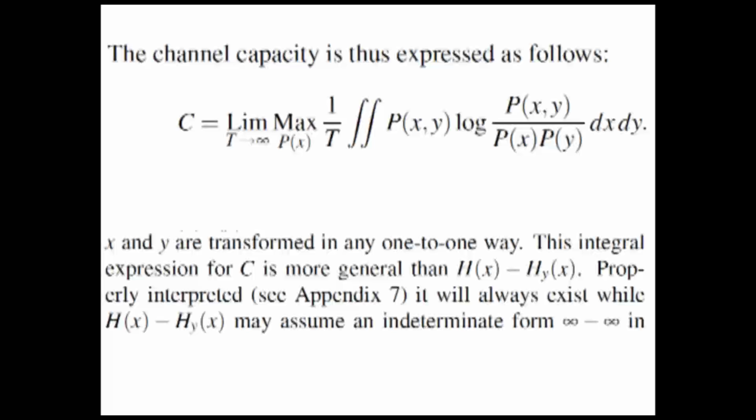All right, so then he says in the analog case, the channel capacity is expressed as the limit as T goes to infinity of the maximum normalized mutual information. So this integral is more general than that, because in this case, if you take differential entropy here, you would have infinity minus infinity, or minus infinity plus infinity.